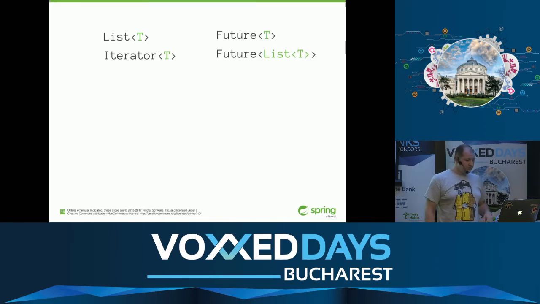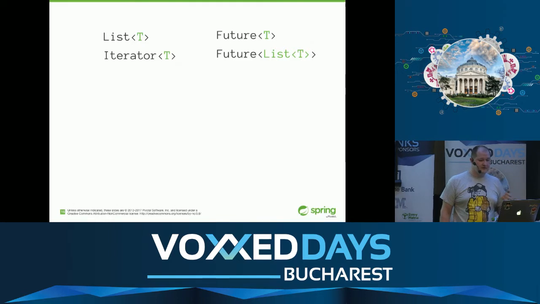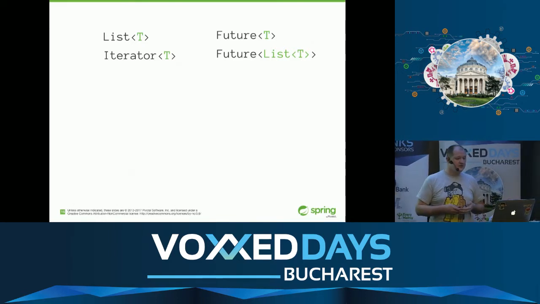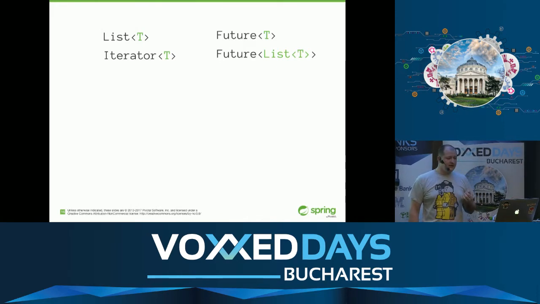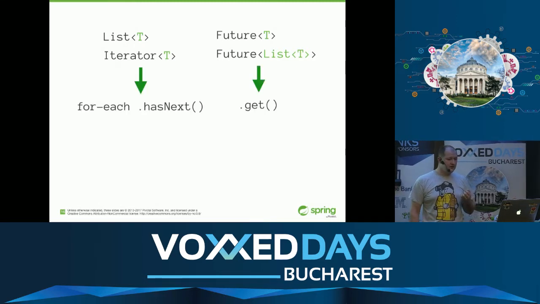When we work with data, for retrieving data or saving data, we usually use things like a single object, which is T in that case, or when we preload a list, then that's a list of T, or an iterator of T in a synchronous world. In an asynchronous world, it's a little bit different. We have a future of T that gives us the one element, or we have a future of list of T. In any case, we can iterate over the data.